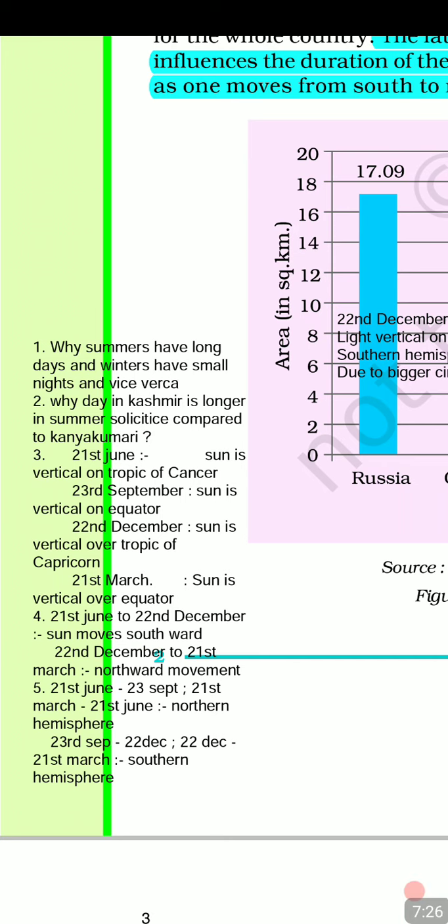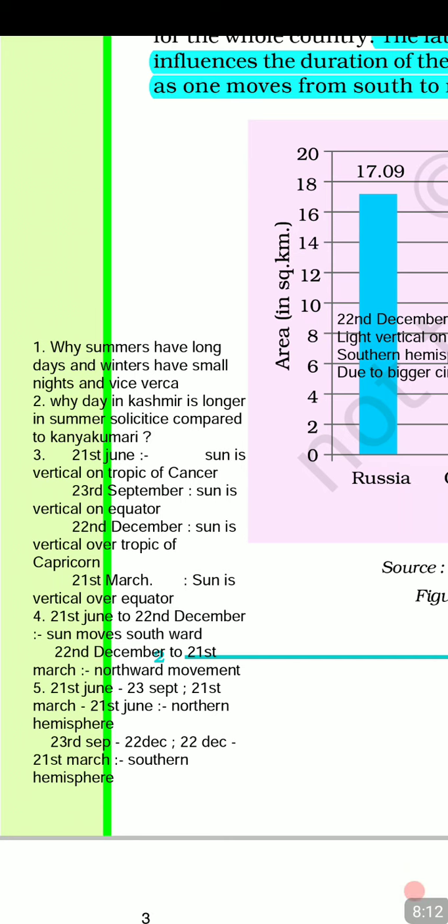So imagine a circle and make three lines: Tropic of Cancer, equator, and Tropic of Capricorn, right? So on Tropic of Cancer, write 21st June, right? On Tropic of Capricorn, write 22nd December, right?